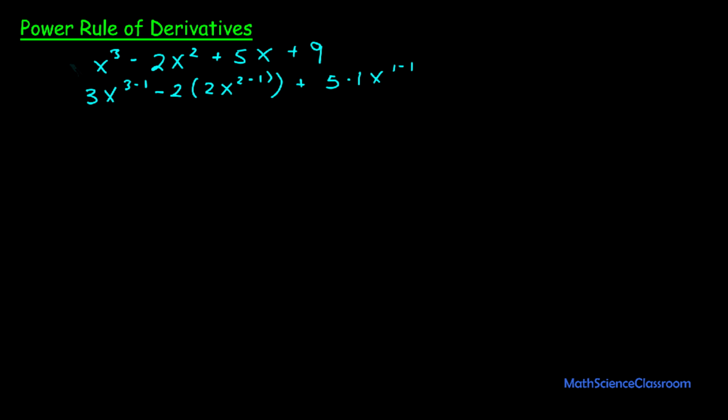So anything to the 0 power is 1. So we basically have a 5, and then plus 9.